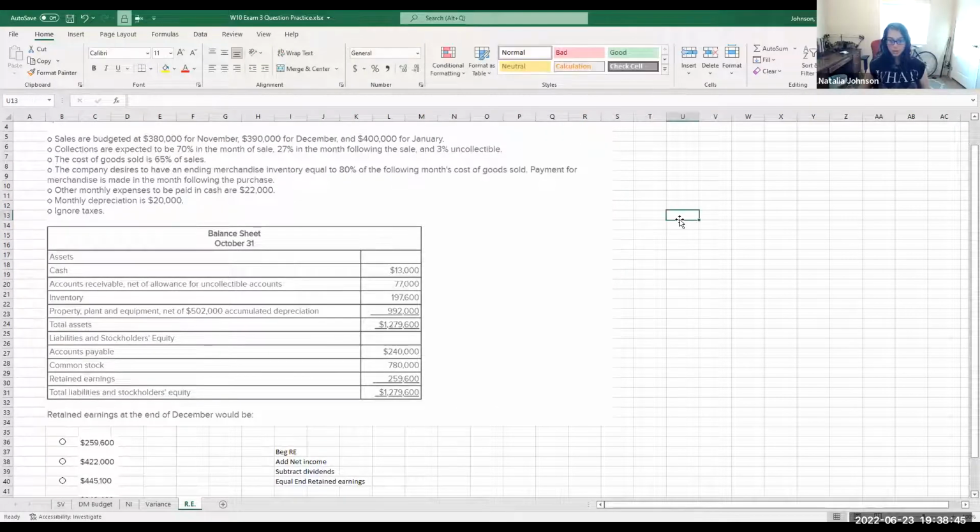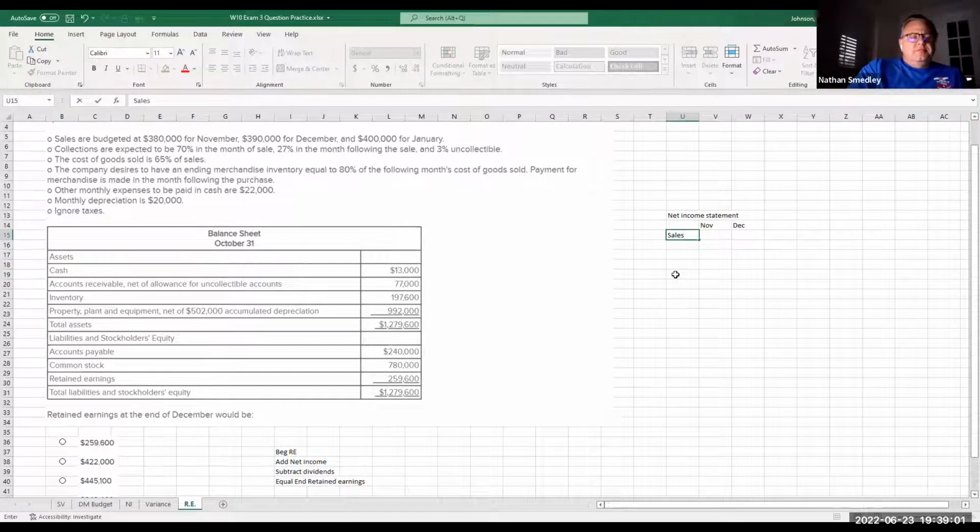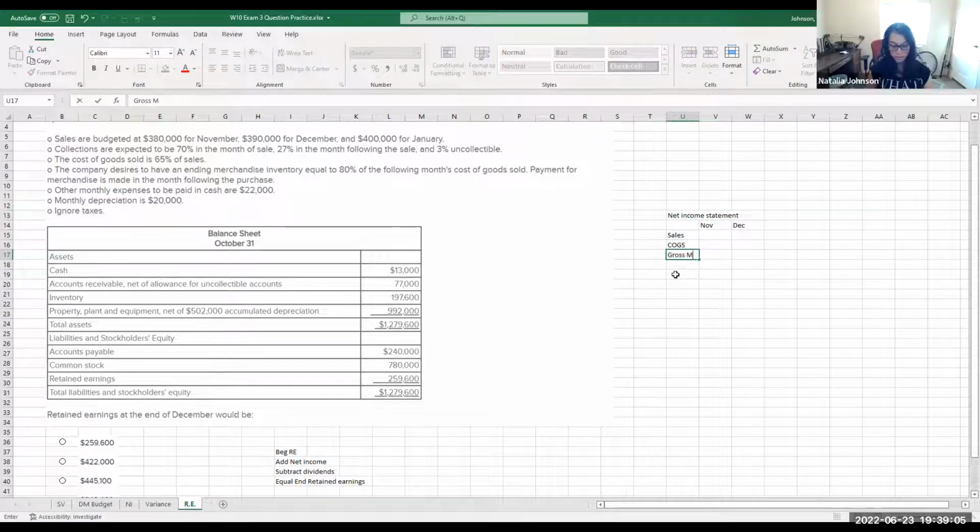So we can do an income statement for those 2 months. What is the first thing in the net income? Sales. Then cost of goods sold and gross margin.